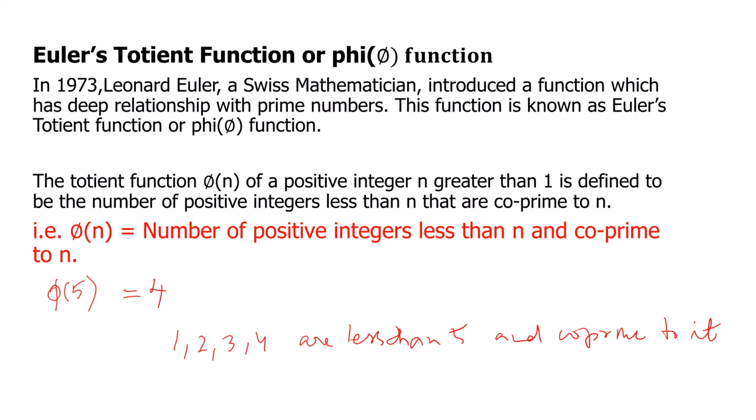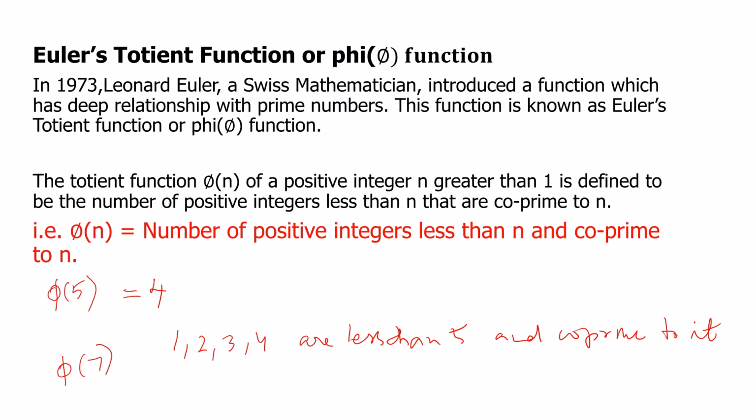So phi of n is equal to, in this example, n takes the value 5. So phi of 5 is equal to 4. According to the definition, 1, 2, 3, 4, all these are less than 5 and coprime to 5. Similarly, you can take any number and try any prime number.